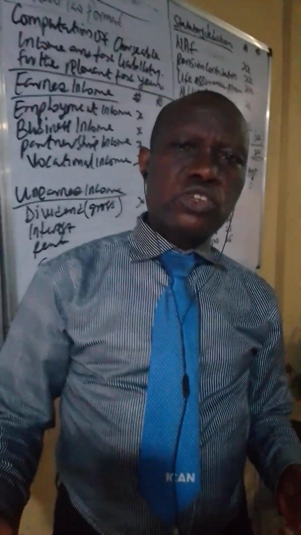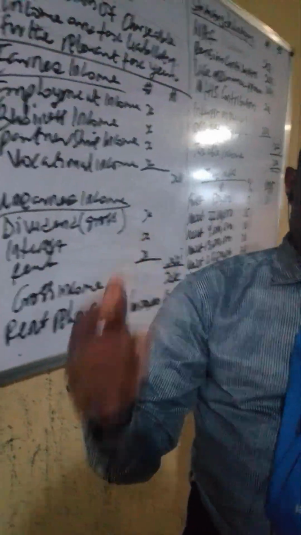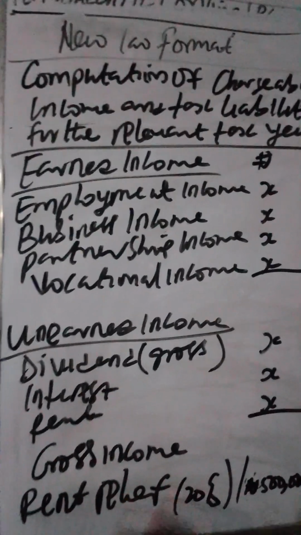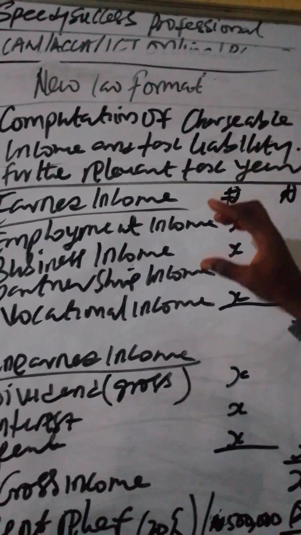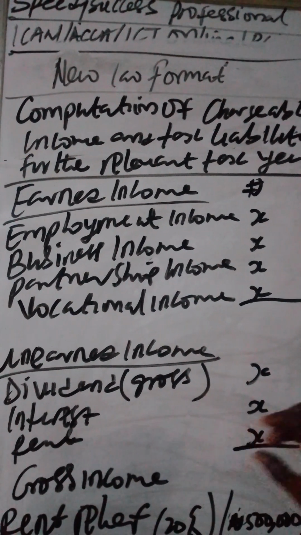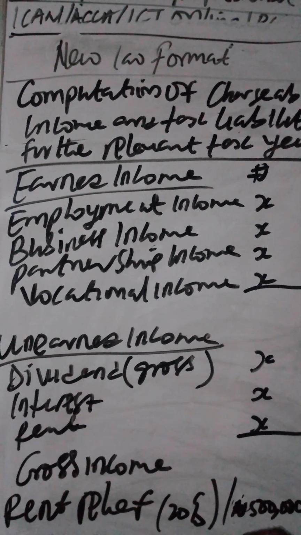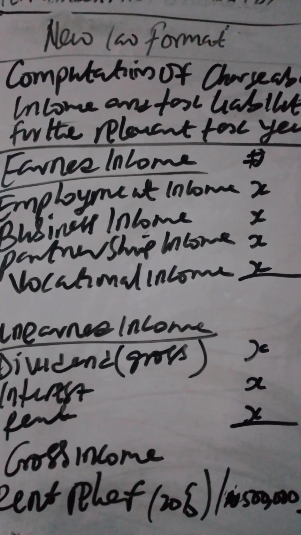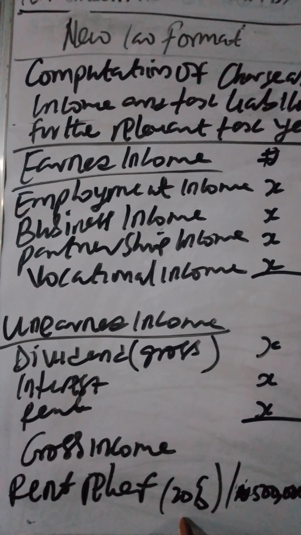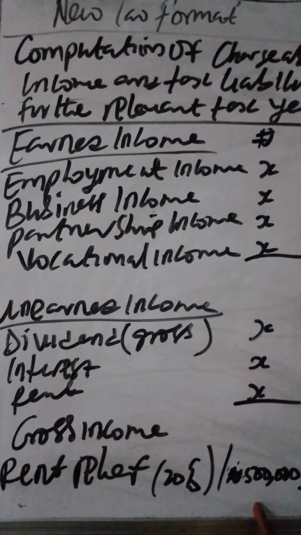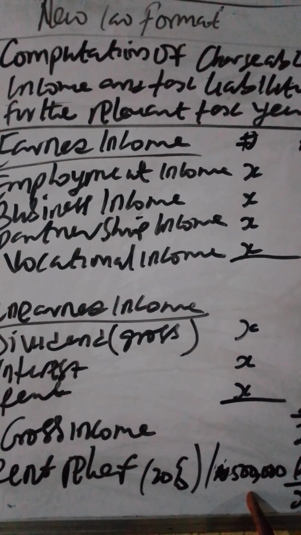Let's go and discuss the new tax law, and then I have an opinion to give to the government on this matter. The new law has the same format for calculating your personal income. But the only deduction approved here, as at what I saw on the platform, is 20% of your rent, or 500,000 naira, whichever is higher.